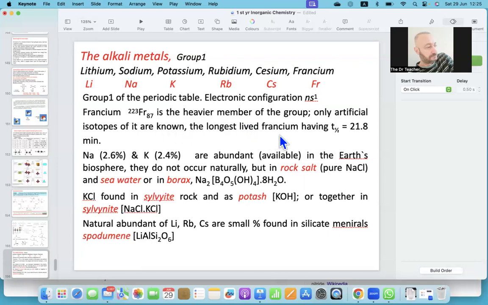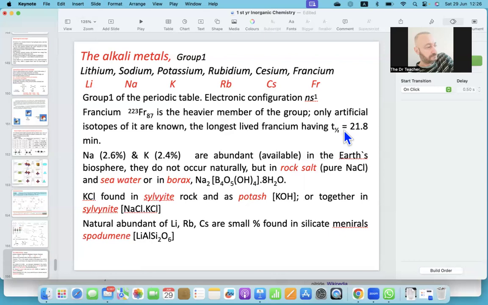The longest lived francium half-life is 21.8 minutes. Because of this single electron, it won't be stable, and we always give the half-life time for the elements: how long they are going to stay stable at normal temperature, which is 20 degrees and 1 atmosphere.